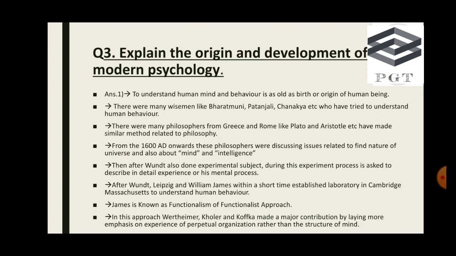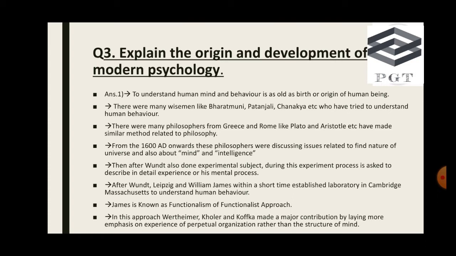After that, Wundt did experimental study. During the experimental process, he asked participants to describe their detailed experience and mental process. So psychology is the mental process that one wants to express. After that, William James established a laboratory in Cambridge, Massachusetts to understand human behavior.